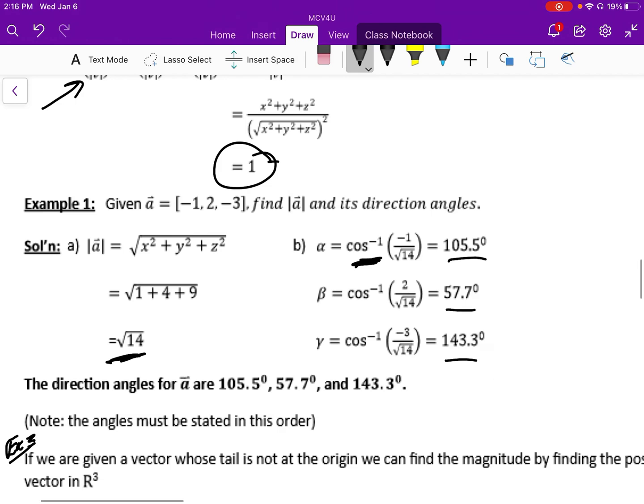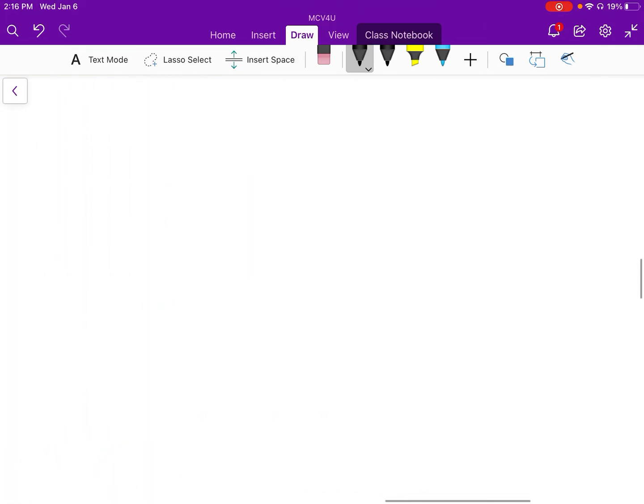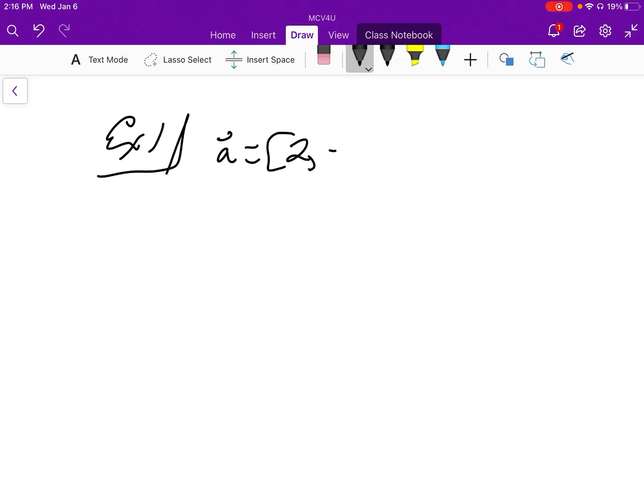Okay, so let's just do a simple one, and we'll call this example 1, and we'll have our vector being 2, -4, and 5. It really doesn't matter. So to find the magnitude, we know, first of all, that we're looking at the square root of the sum of the squares.